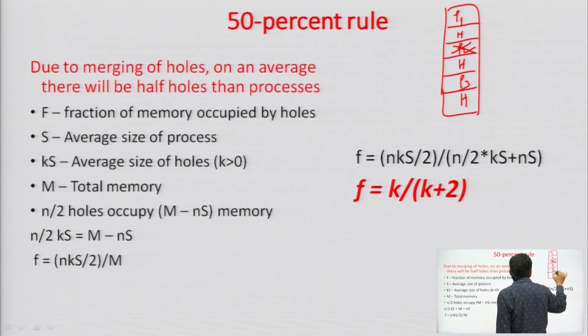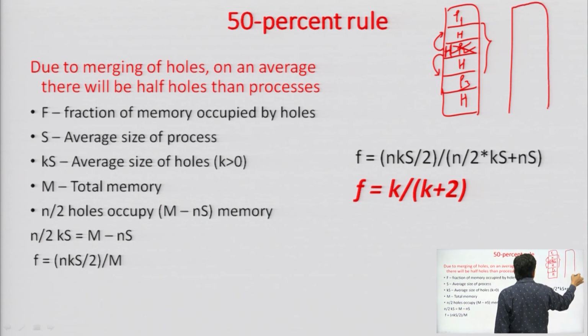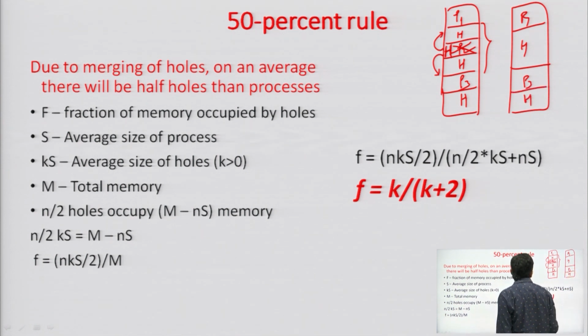P2 process completes. Since P2 process completes, this will be converted into a hole. Since the hole previous to this and the hole next to this will be merged together to form a bigger hole, we now have a picture of the main memory like this: a bigger hole, then a P3 process, and then a hole.